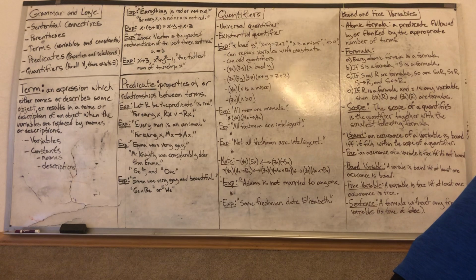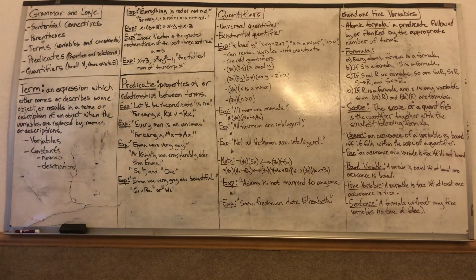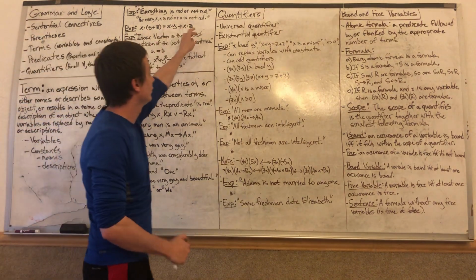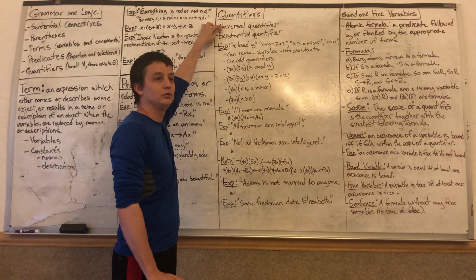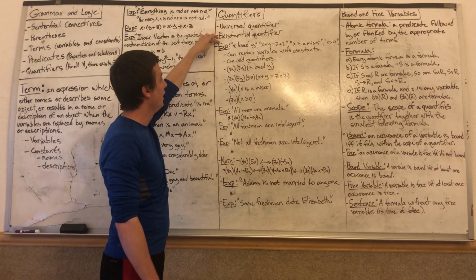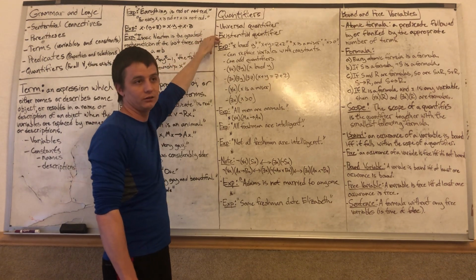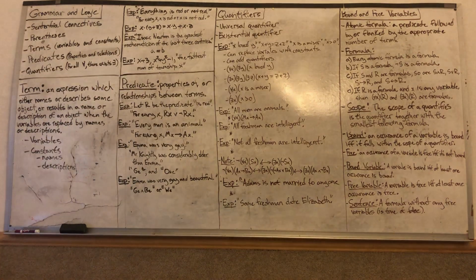Okay, I didn't miss anything. So quantifiers, like we already said, there's two quantifiers. There's a universal quantifier, which we often say the for all or for each quantifier, and then the existential quantifier, which we'll always say there exists, is the way we'll interpret it.